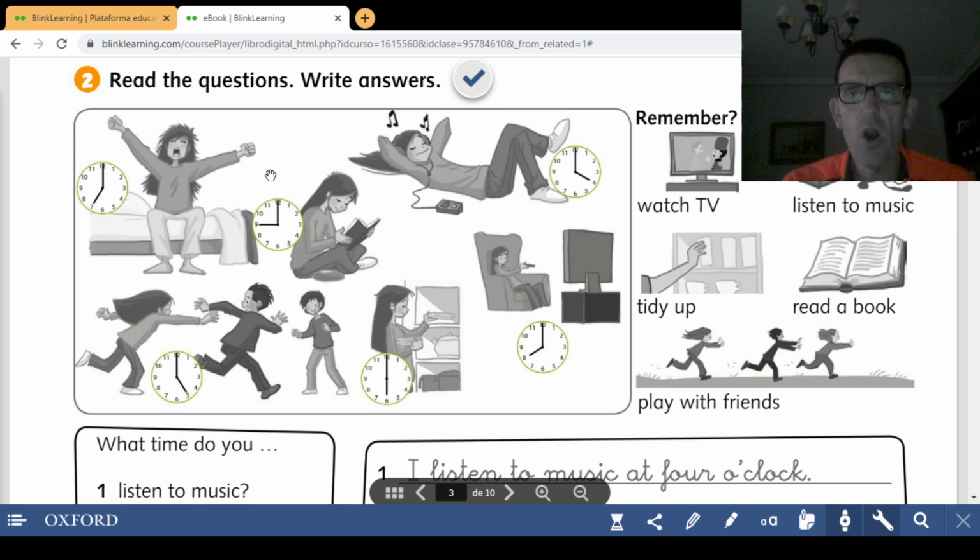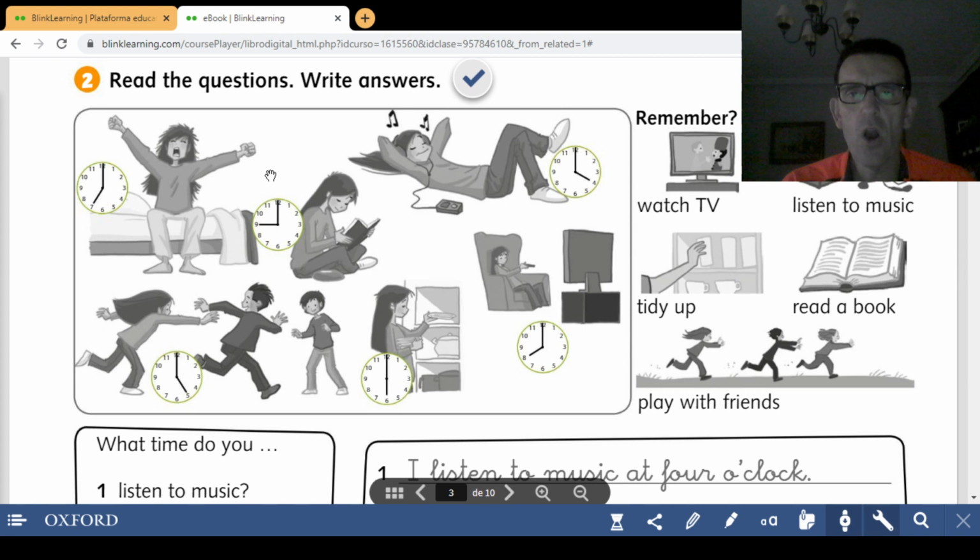Just the actions that Sophie is doing here in this box. And also, next to the picture, you have a clock with an hour. In this case, 7 o'clock, 9 o'clock, 4 o'clock, 8 o'clock, 6 o'clock, and 5 o'clock. So take into consideration that we have to use the picture and the clock. Tener en consideración que tenemos que usar el dibujo y la hora que tiene al lado, ¿vale?